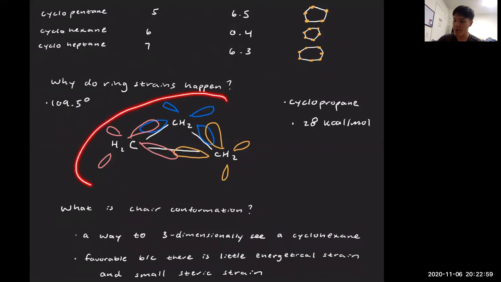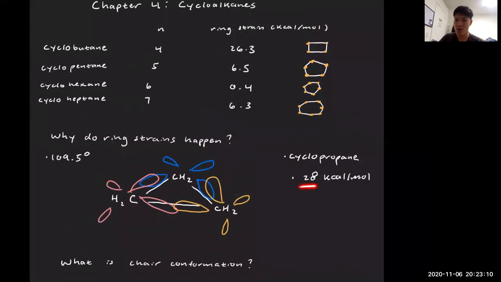And here I showed a picture of cyclopropane, which is a 3-membered carbon ring, considered to be one of the most unstable cycloalkanes. And as you can see, it's 28 kilocalories per mole compared to 26.3 and even compared to 0.4 of hexane.